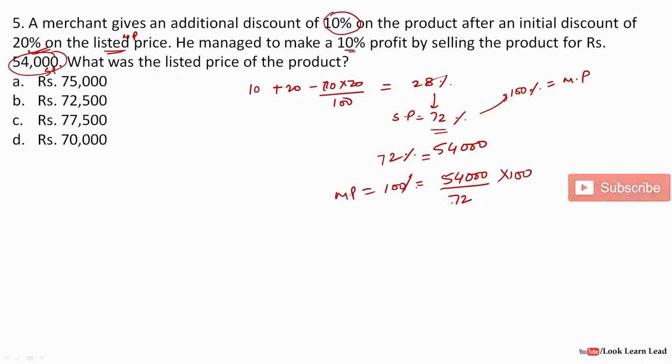We can cancel it out by 3 only. 3 2s are 6, 3 18s are 54, and so on.